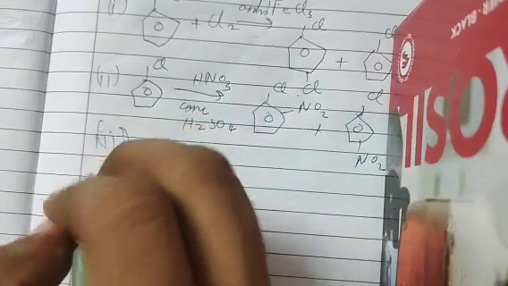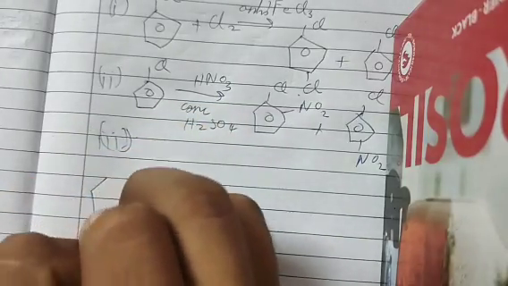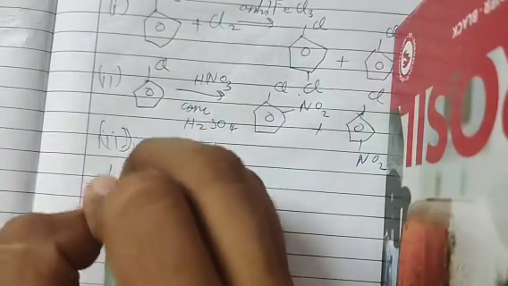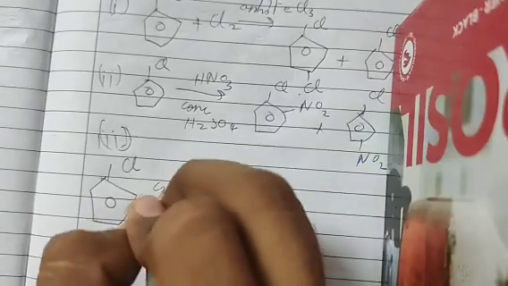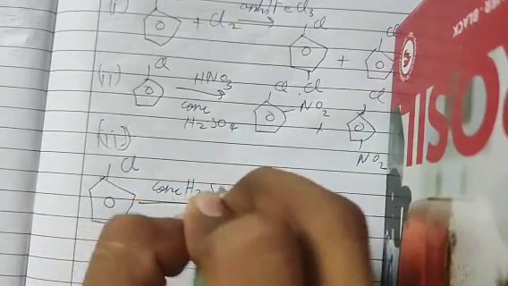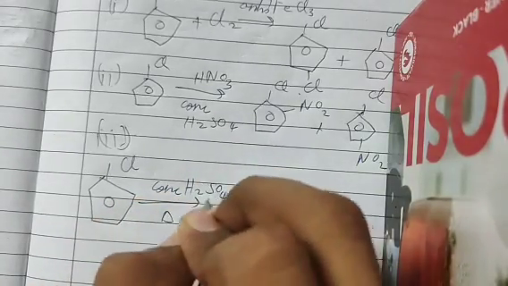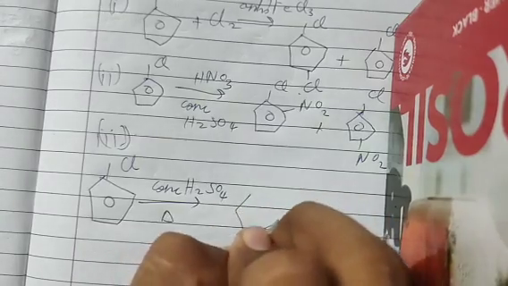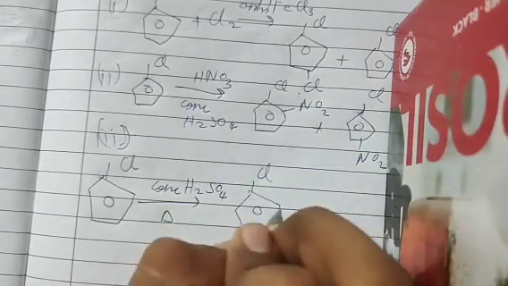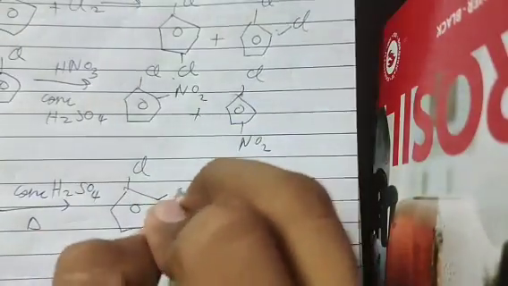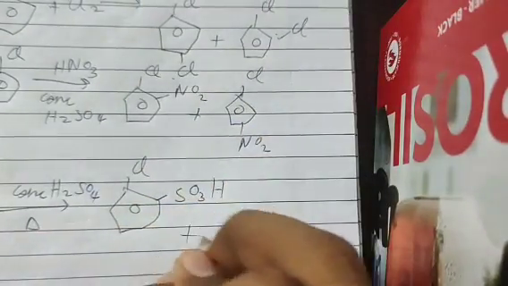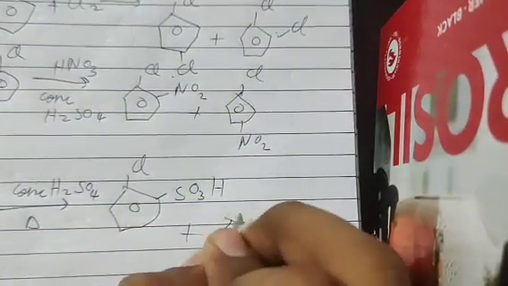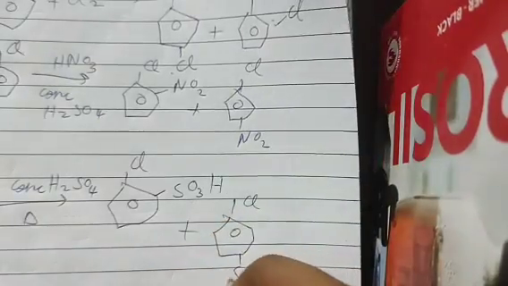After this I am going for my third reaction, which is sulfonation. Sulfonation is nothing but I am taking my chlorobenzene with concentrated H2SO4 and I am going to heat. So I will be getting SO3H here and here also SO3H.